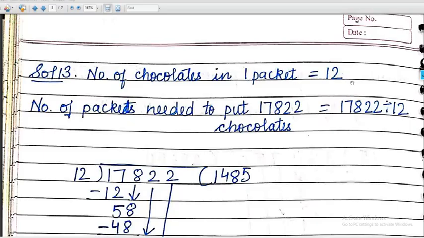So students, you will simply frame a statement like you can see that number of chocolates in one packet. ठीक है, आपको पता है एक पैकेट में तो 12 चॉकलेट्स हैं, and number of packets needed to put 17,822 chocolates will be big number divided by small number. Okay, but you can frame the statement in your way also. It's not that the teacher has framed this way, so we should also follow that way.